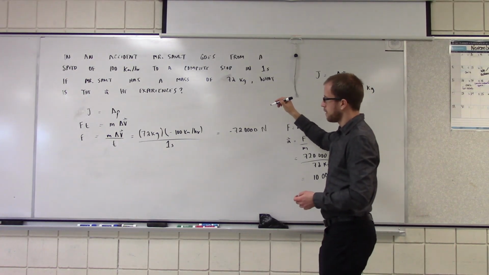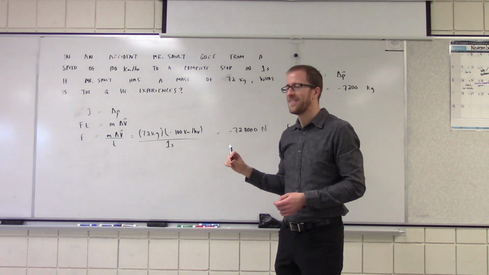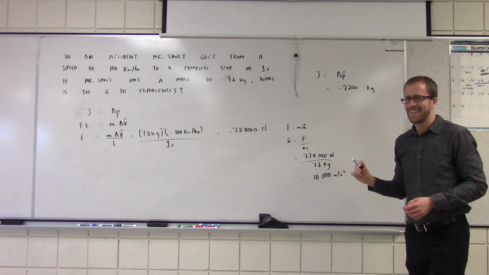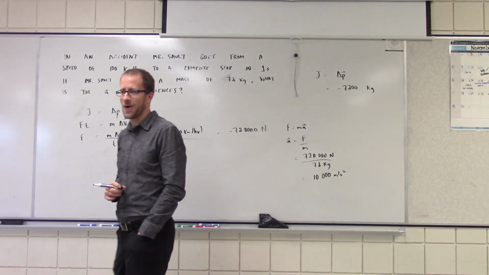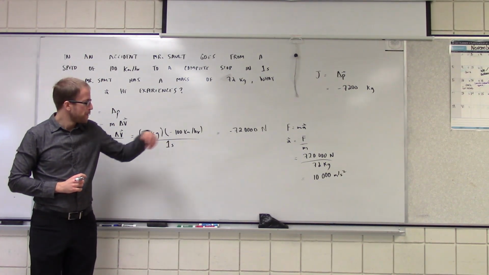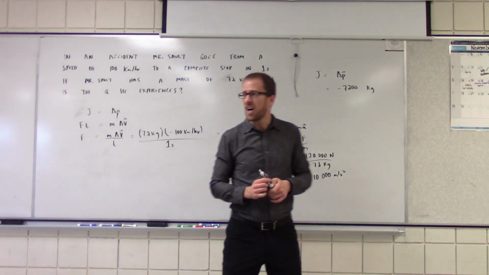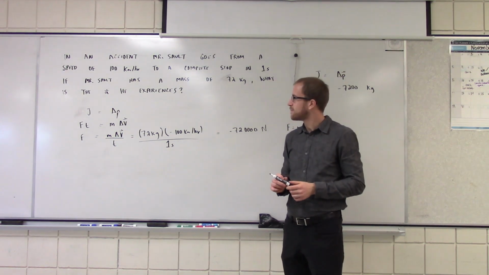Oh, I screwed up, ladies and gentlemen. What did I do? I didn't convert my 100 kilometers an hour. This is inaccurate. That's my bad. So, how would I convert 100 kilometers an hour to meters per second?